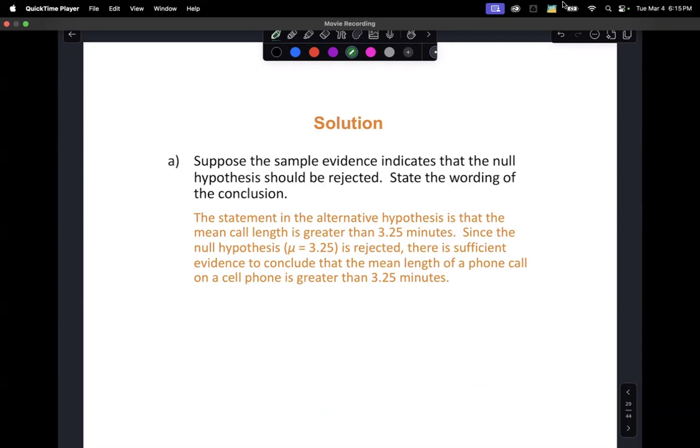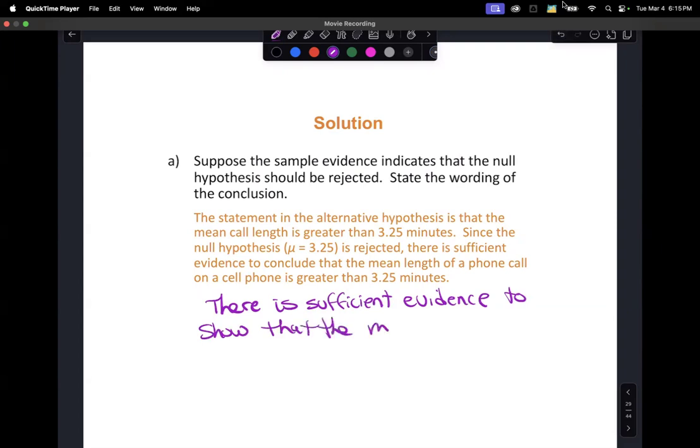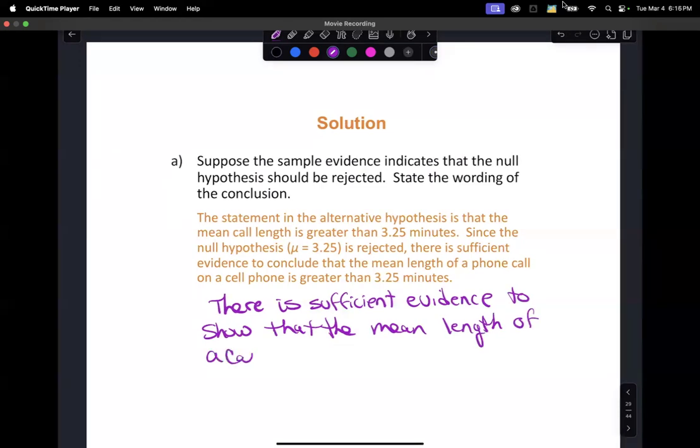This is how I would write it. There is sufficient evidence to show that the mean length of a call, my handwriting's really bad, sorry, is greater than 3.25 minutes.